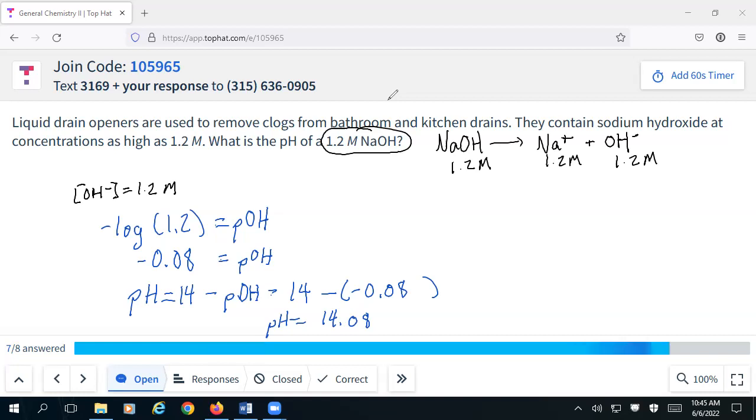Now, the secondary approach, wall it off here, we'll write it in pink. Starting with our hydroxide concentration still at 1.2 molar, we would use Kw is equal to hydronium times hydroxide.